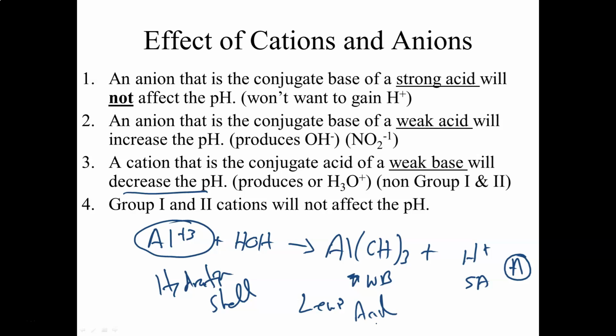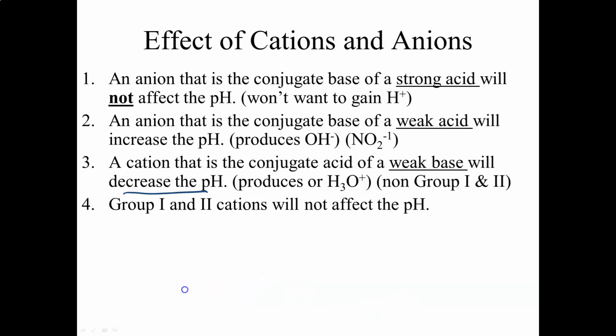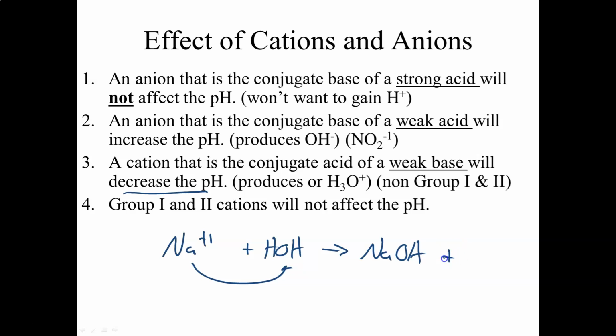And then finally, group 1 and 2 cations will not affect the pH. That's the last one on here. Group 1 and 2 are your cations that will combine with hydroxide to make a strong base. An example would be sodium, Na+. If you're not sure, do hydrolysis. You have NaOH, because the Na will react with the OH, plus H+.